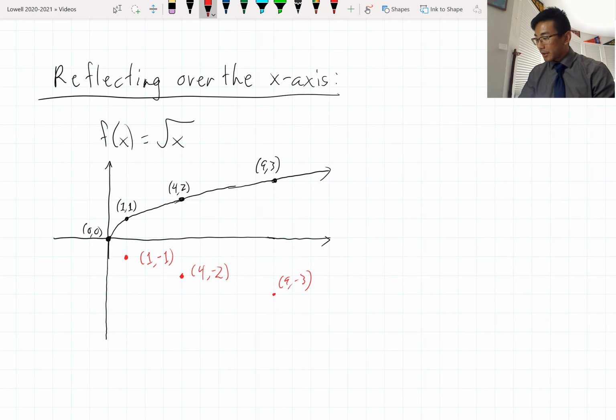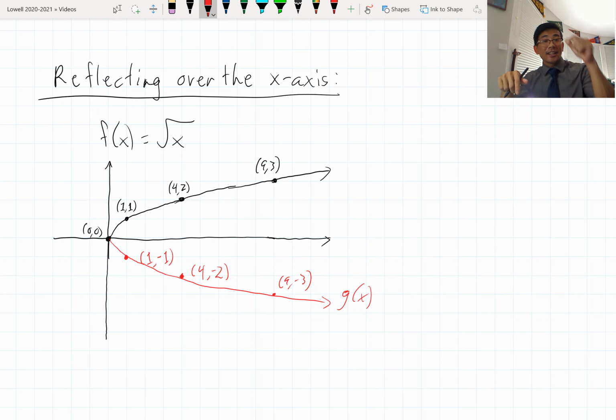And so now we can kind of see what's going on here, in that all that I really need to do is take all those existing y values, and this is g of x, and just stick a negative sign in front of it. And that's really all you're going to have to do.